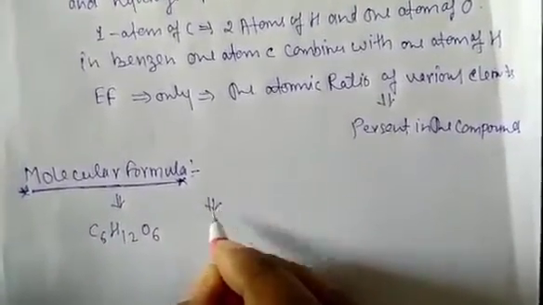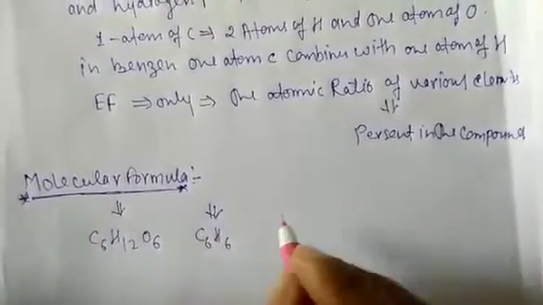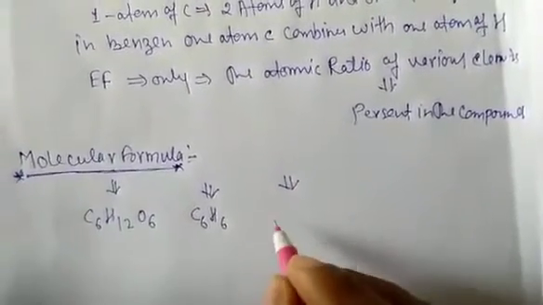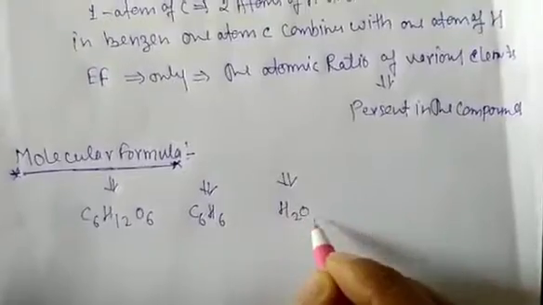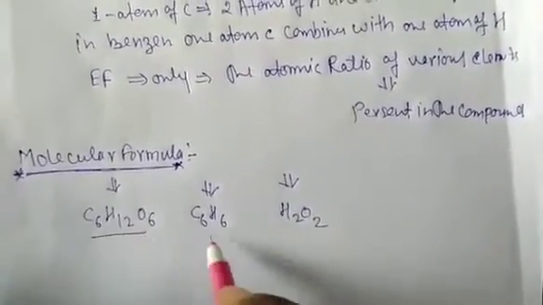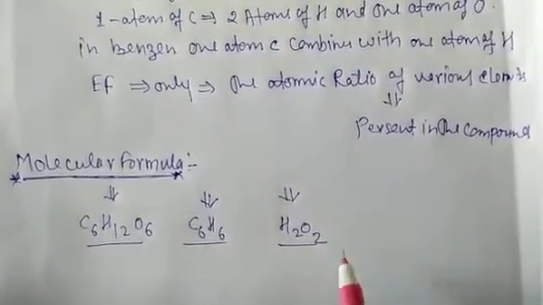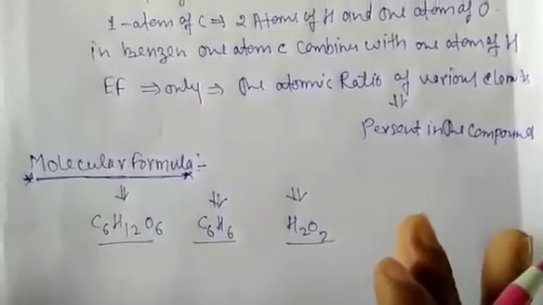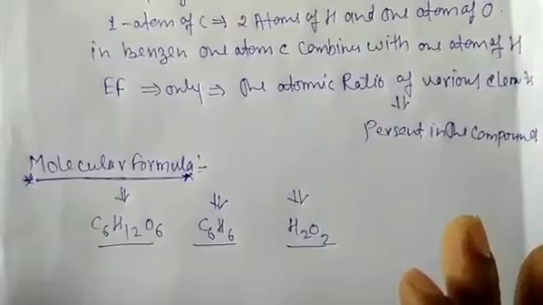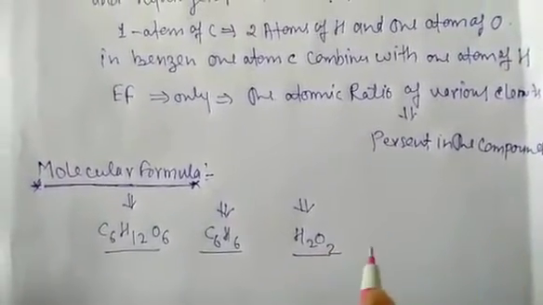Molecular formula of benzene is found to be C6H6. Molecular formula of hydrogen peroxide is found to be H2O2. This is the molecular formula. It means in molecular formula, the exact number of different types of atoms present in a molecule of a compound are represented.